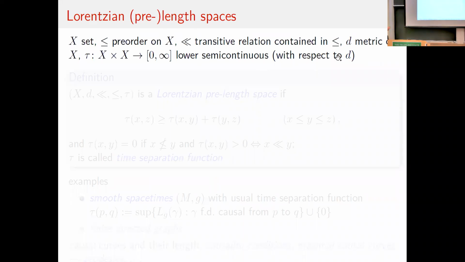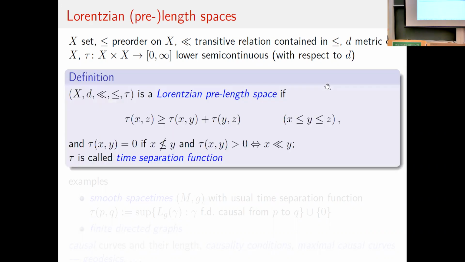We put some metric d on X, really just to have some metric topology on the set X. And tau, a function from X times X into [0, infinity), which is lower semi-continuous with respect to this d. Then we call this a Lorentzian pre-length space if tau satisfies the reverse triangle inequality: tau(x,z) is greater than or equal to tau(x,y) plus tau(y,z) for all triples of points x, y, and z that are causally related in this order.